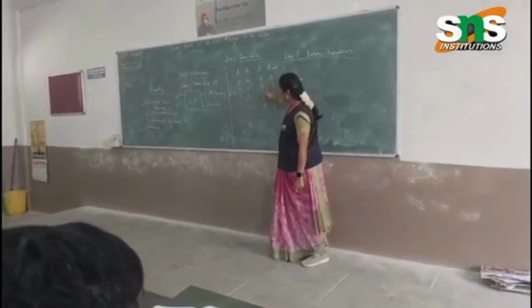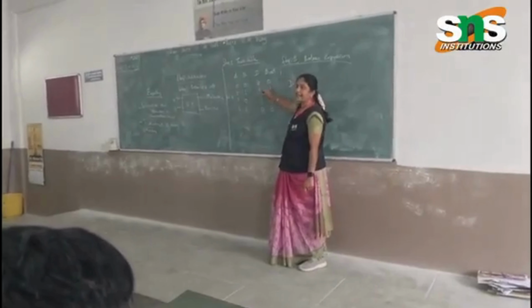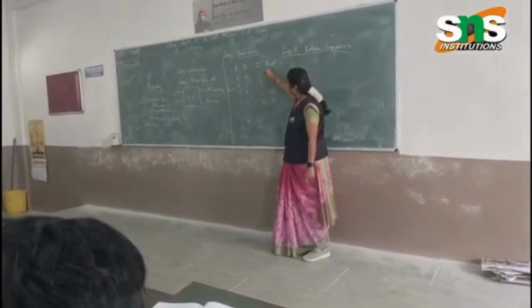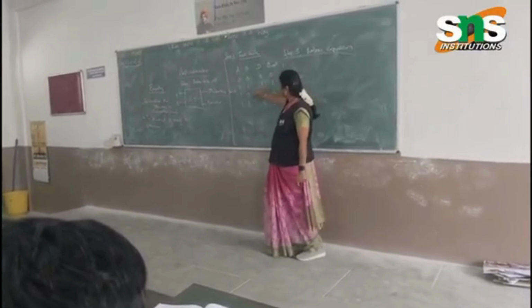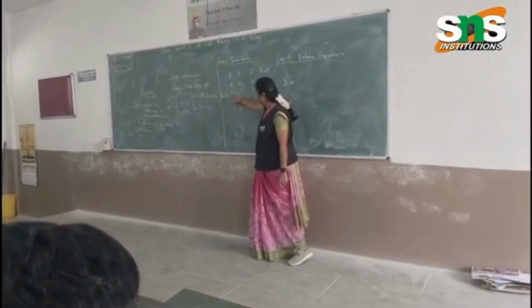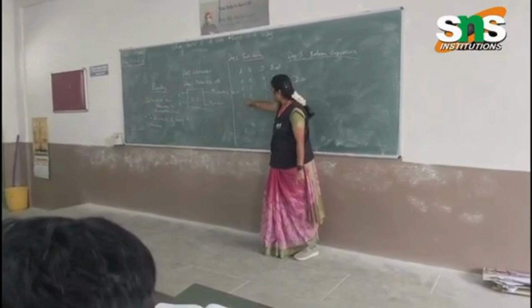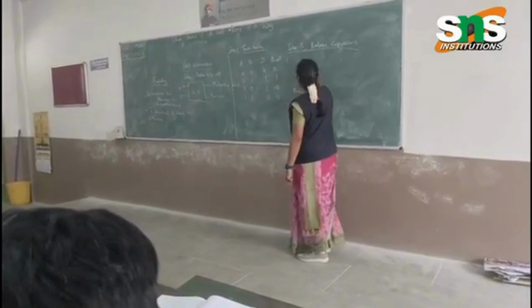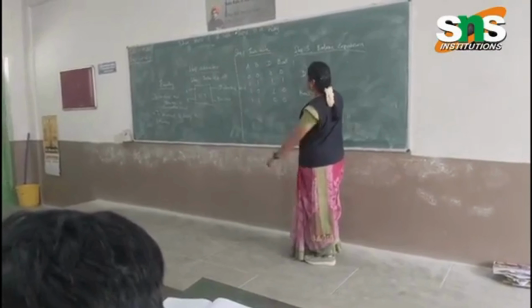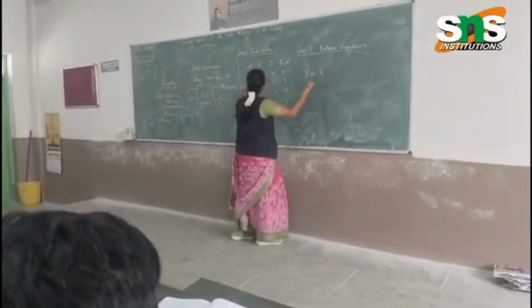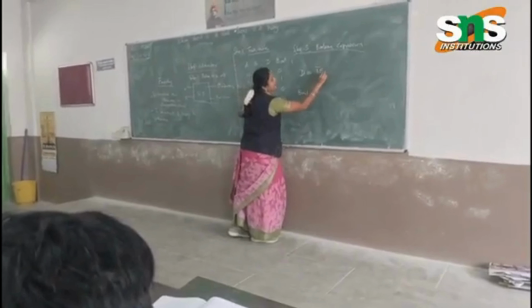We have to see the output, and we take the expression where the output is 1. Here the output is 1 for 0 1, that is A bar B, and also for 1 0, that is A B bar. So the difference is A bar B plus A B bar.